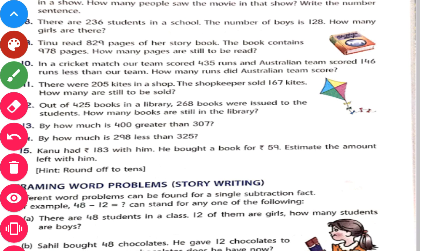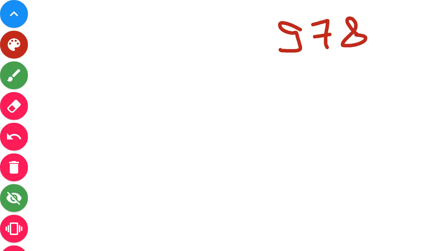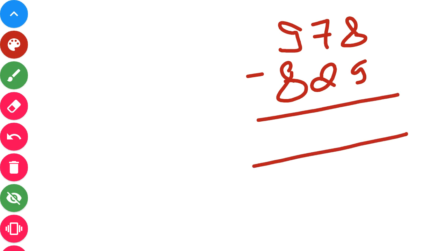So we will subtract 978 minus 829. This is the total number of pages and this is the pages read by Tinu. I haven't written a statement for this question because it is very easy and you will form it yourself. Now 8 minus 9.